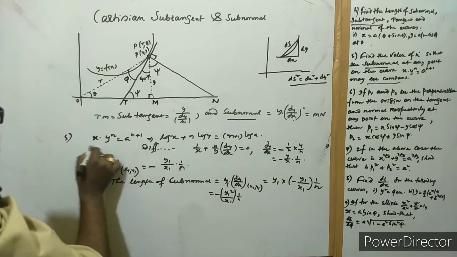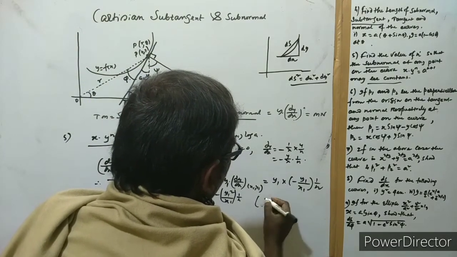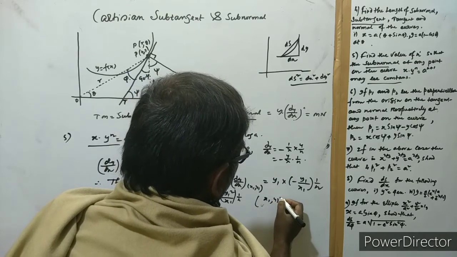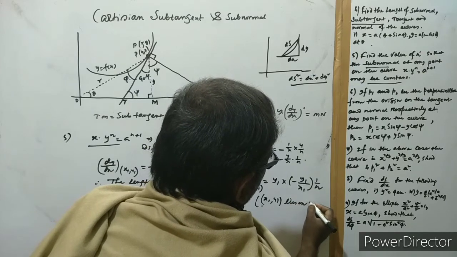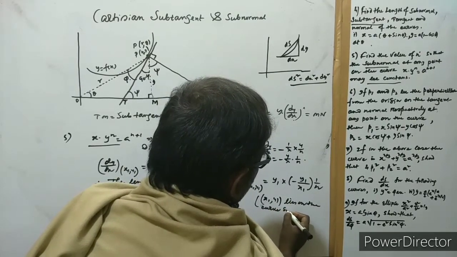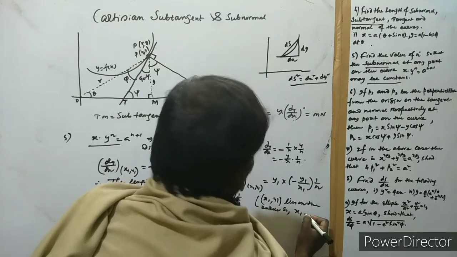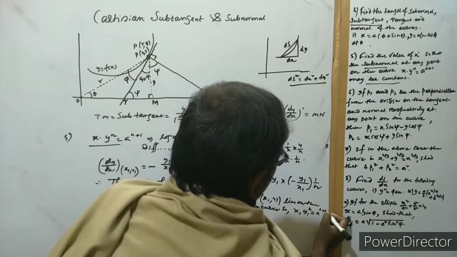Now x1 comma y1 lies on the curve, so x1 into y1 to the power n is equal to a to the power n plus 1.